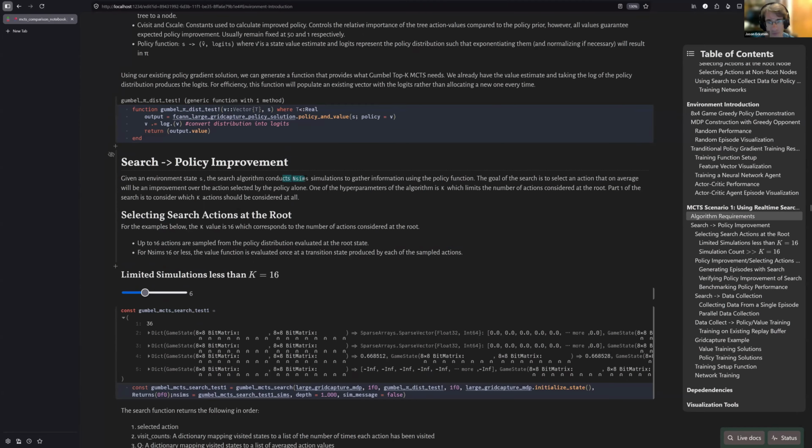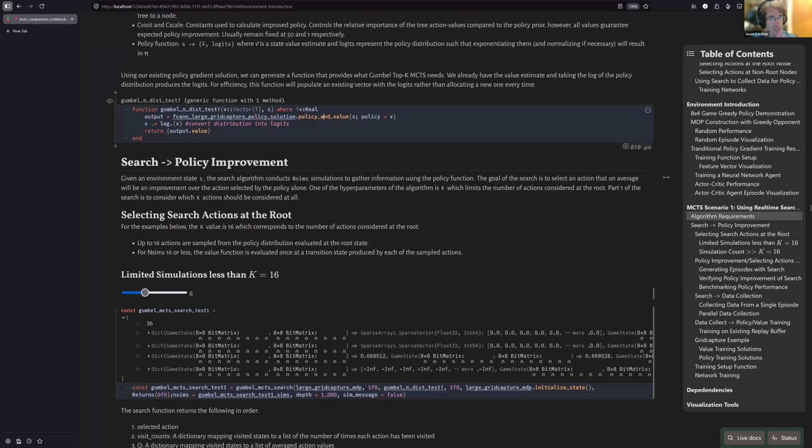So I already mentioned the number of simulations, a hyperparameter used by the search. We're trying to select a final action which is an improvement over what this policy function would normally do.